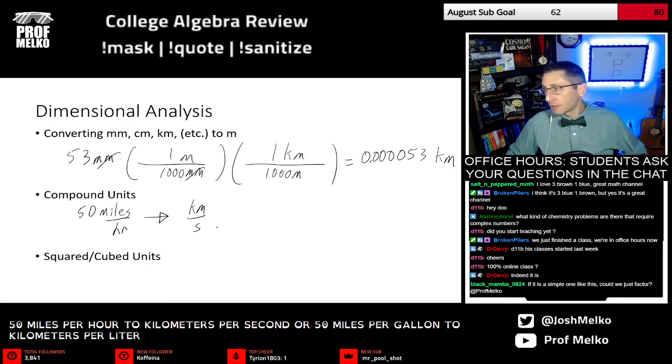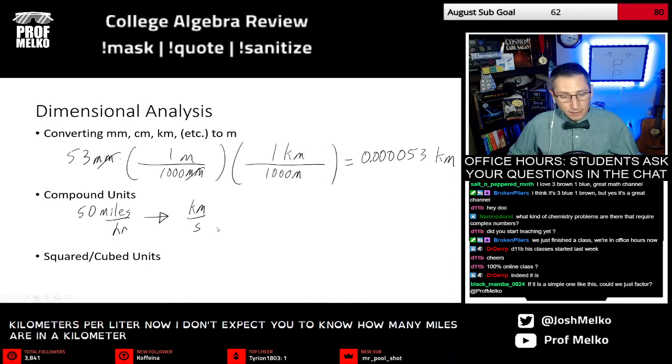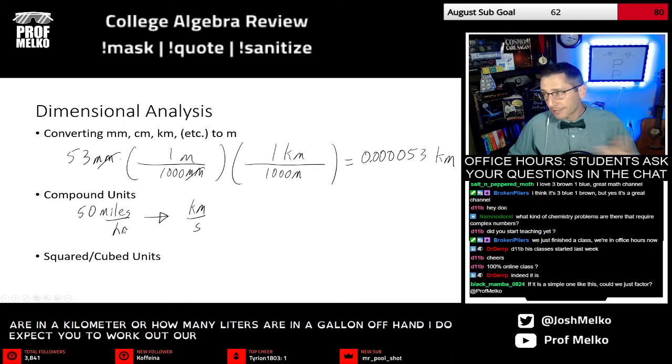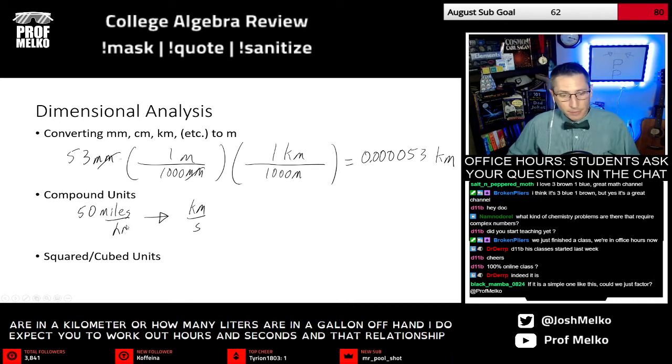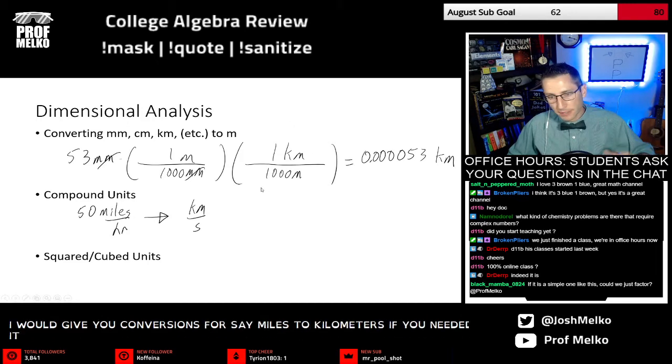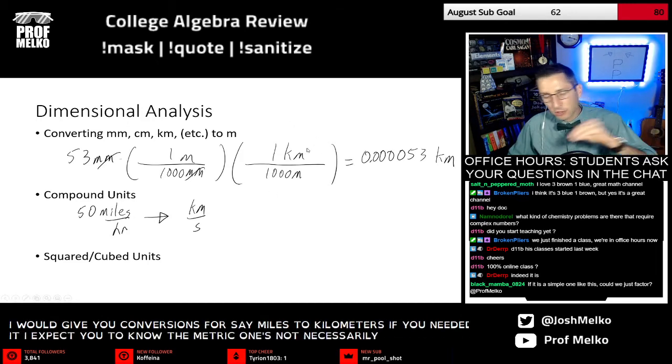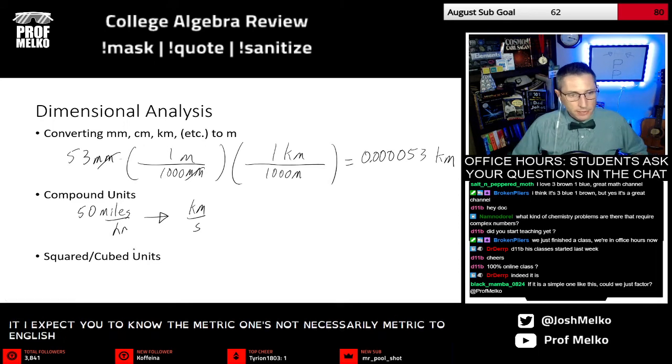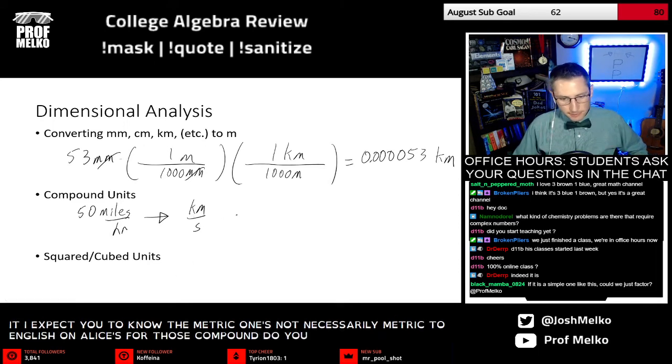Now, I don't expect you to know how many miles are in a kilometer, or how many liters are in a gallon offhand. I do expect you to work out hours and seconds in that relationship, but I would give you conversions for, say, miles to kilometers if you needed it. I expect you to know the metric ones, not necessarily metric to English. So that's dimensional analysis for those compound units.